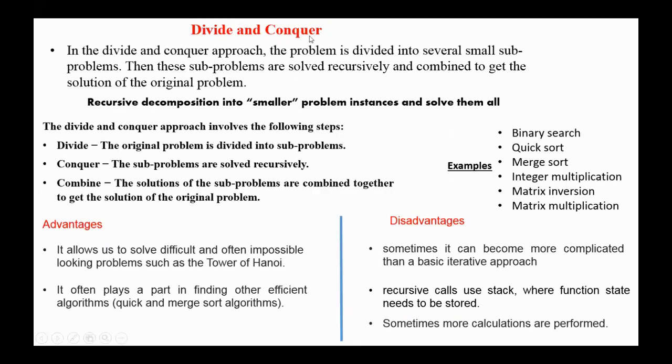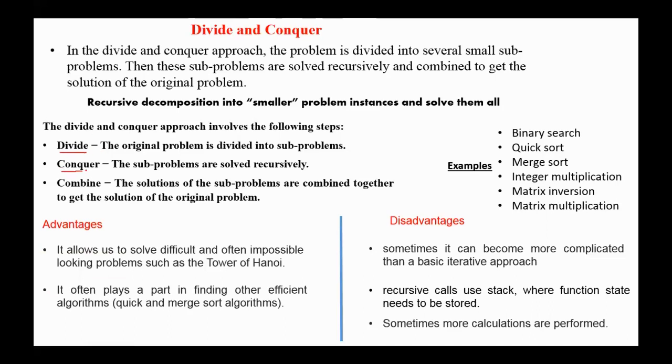Next, divide and conquer strategy. In the divide and conquer approach, the problem is divided into several small subproblems. Then these subproblems are solved recursively and combined to get the solution of the original problem. The divide and conquer approach involves the following steps. Divide: the original problem is divided into subproblems.